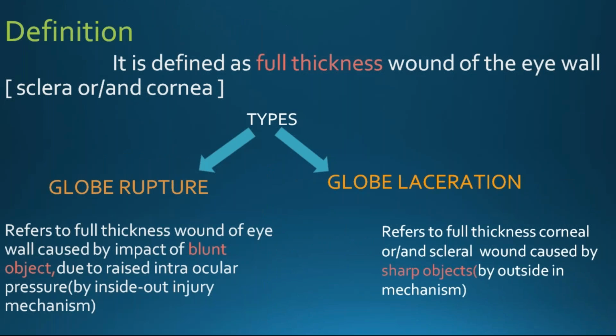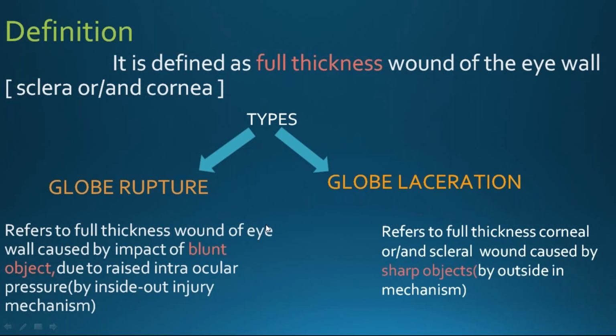What is the difference between globe rupture and globe laceration? From inside out, it is called globe rupture. From outside to inside, it is called globe laceration. Rupture refers to a full thickness wound of the eye caused by the impact of a blunt object due to raised intraocular pressure, an inside out injury mechanism.